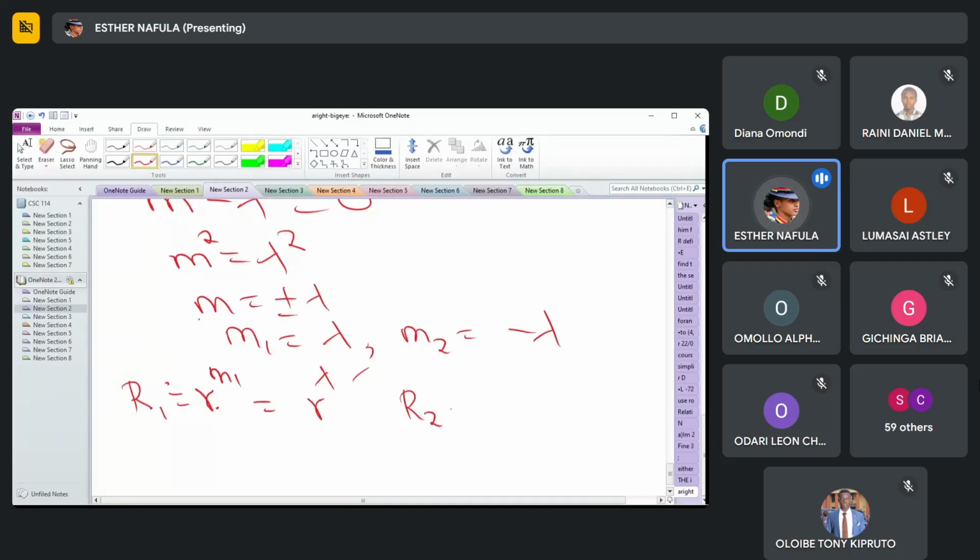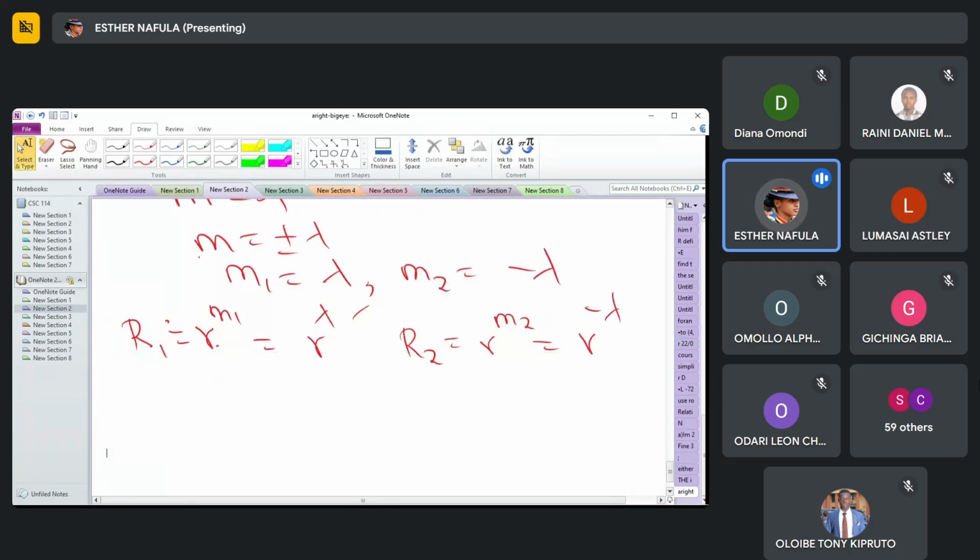Our R2 is small r raised to m2, but m2 is negative lambda, so small r raised to minus lambda. The general solution is C1 R1 plus C2 R2. This is C1 r raised to lambda plus C2 r raised to negative lambda.